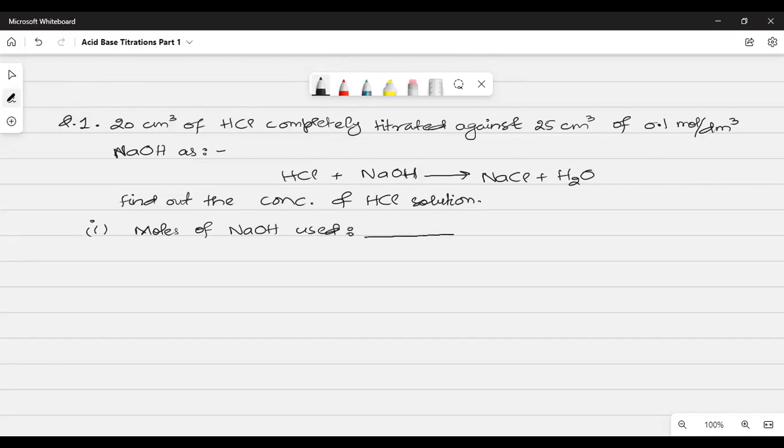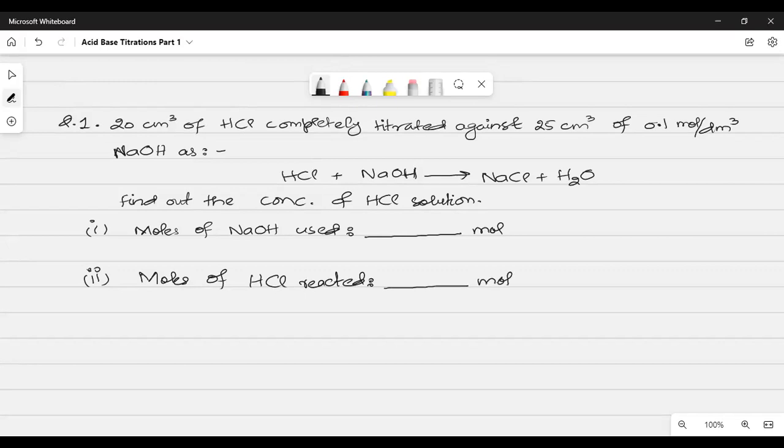That's going to be the very first part. And number two, moles of HCl reacted. That is going to be our second step.